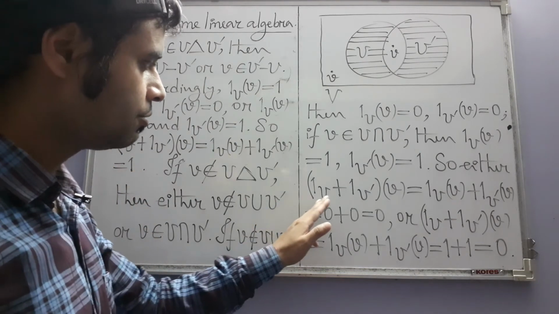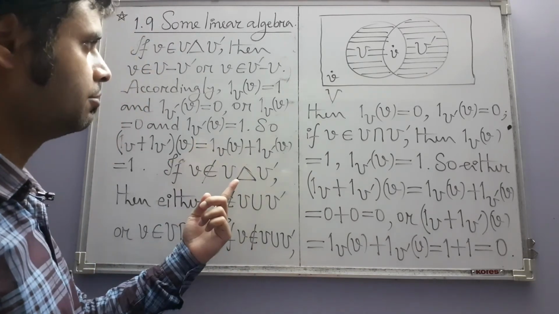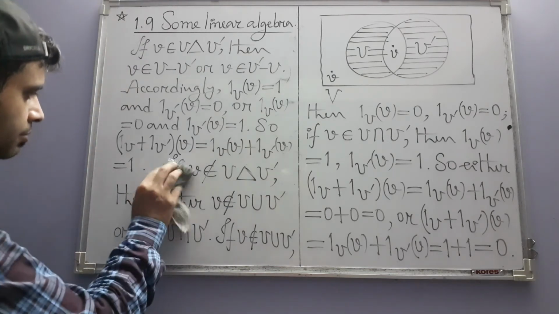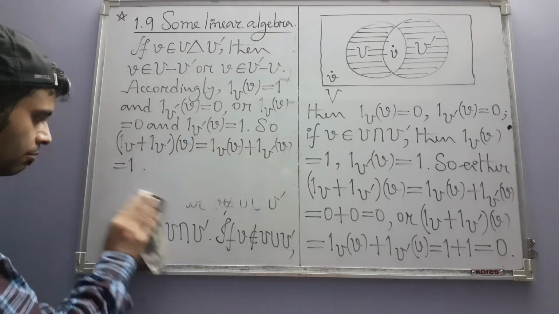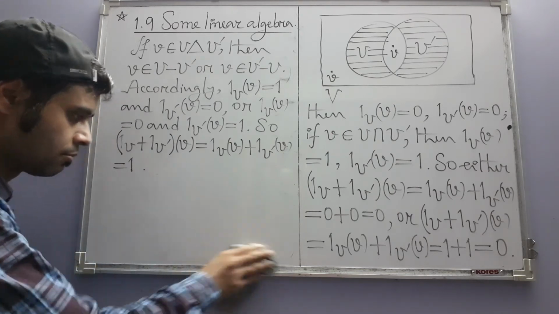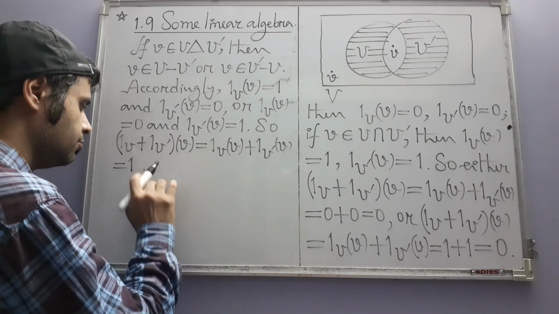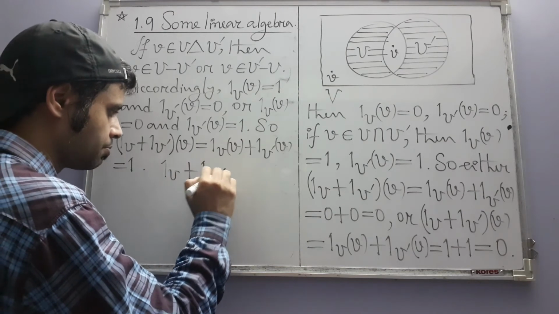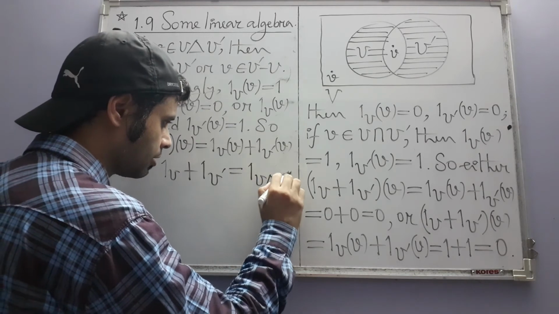So this 1 U plus 1 U prime is nothing but the indicator function of the symmetric difference, and that is why we have that 1 U plus 1 U prime is equal to 1 U delta U prime.